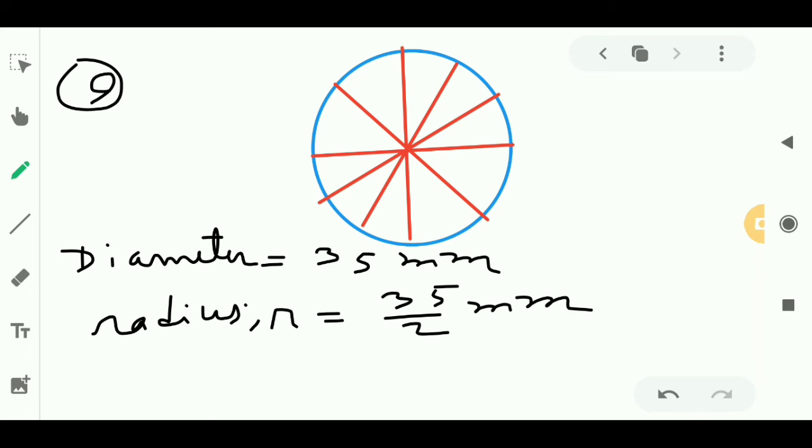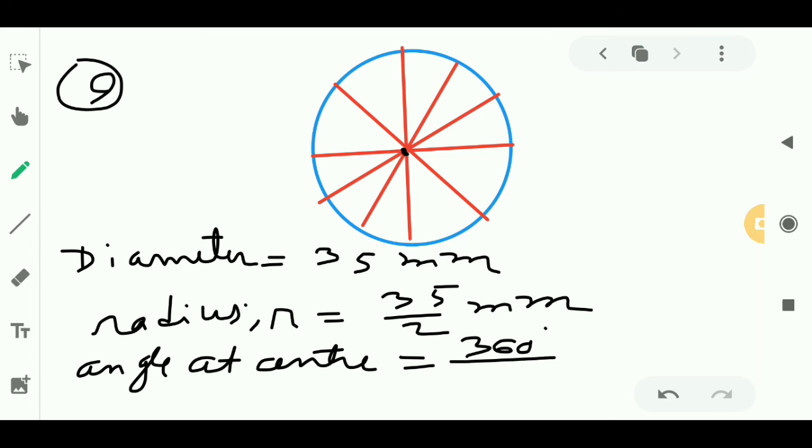Then 5 diameters are there, and you know that the angle at center is always 360 degrees. Here 10 sectors are there, so we will divide by 10. The angle at a point is 360 and it is divided into 10 parts, so divide by 10. 36 degree will be the angle at the center, that is theta.